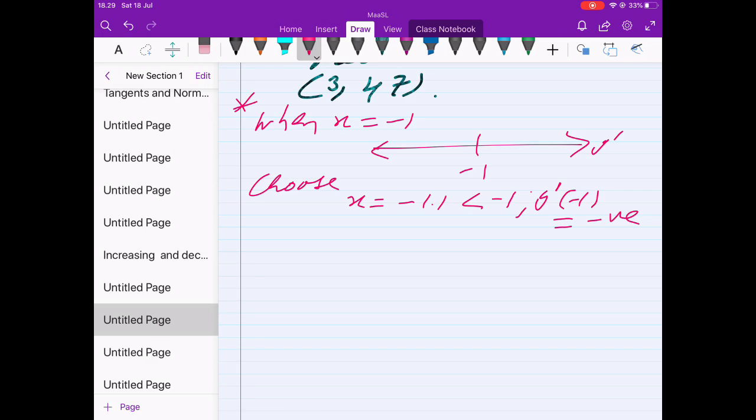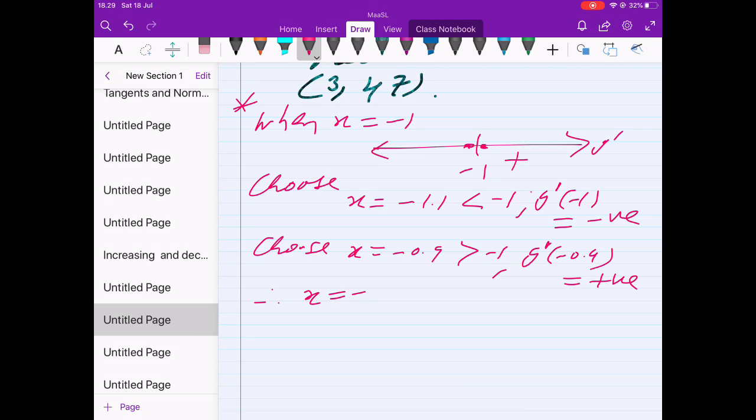On the other side, choose x equal to negative 0.9, which is greater than negative 1. g'(negative 0.9) is positive from the sign diagram. So therefore x is equal to negative 1 is the minimum point.